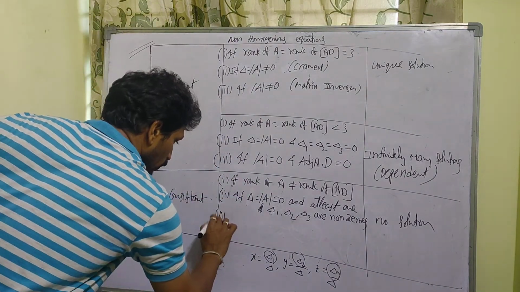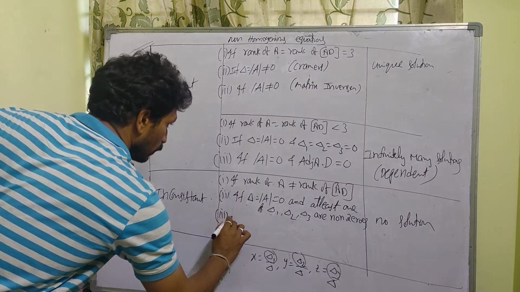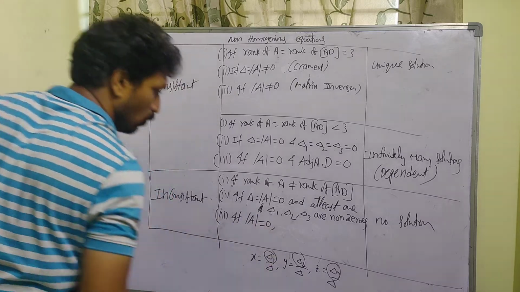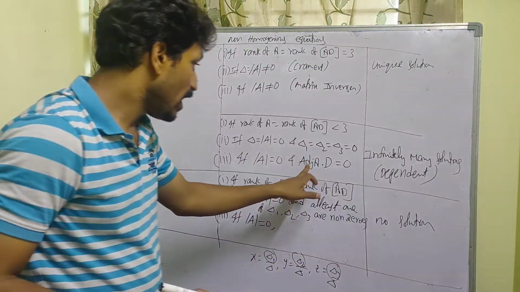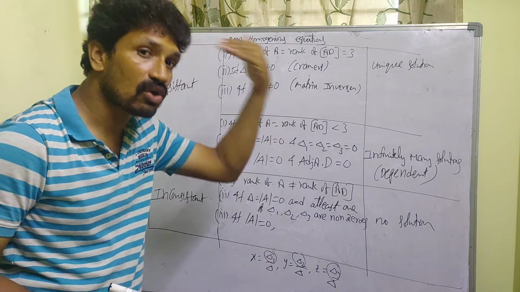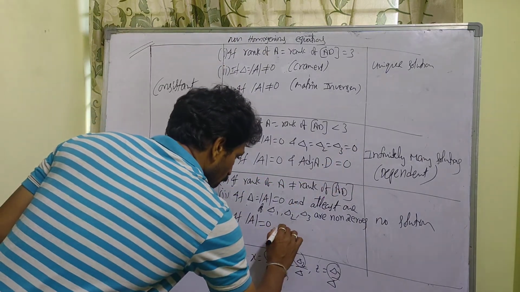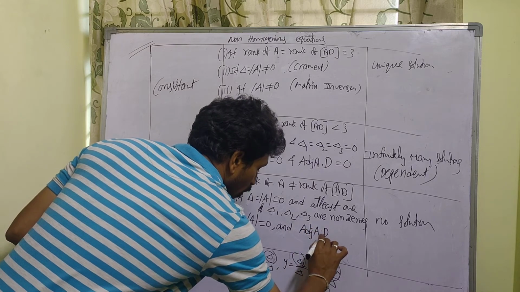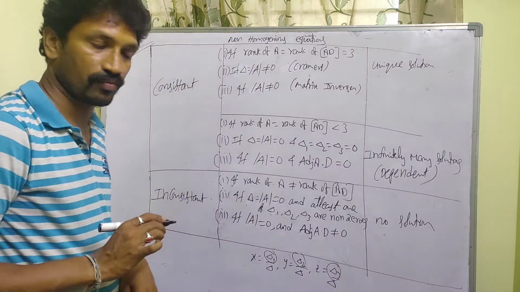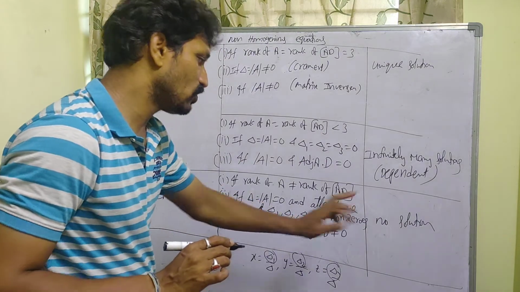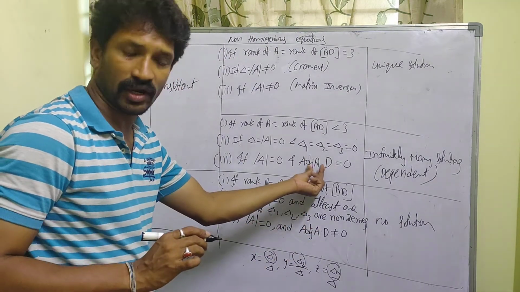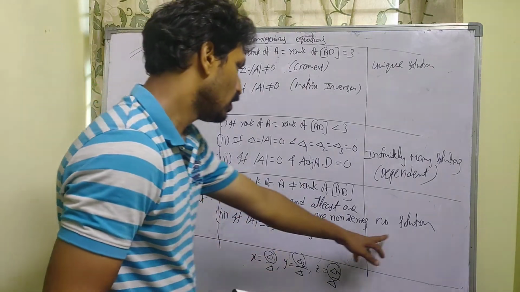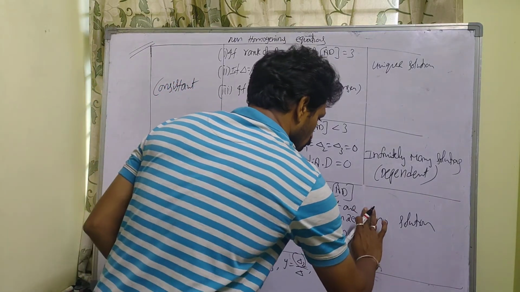Third case, according to the matrix inversion method, if determinant of A is equal to 0 and adjoint of A into D is not equal to 0, here only one product is there, that product should not be a zero matrix, then it has no solution, remember.